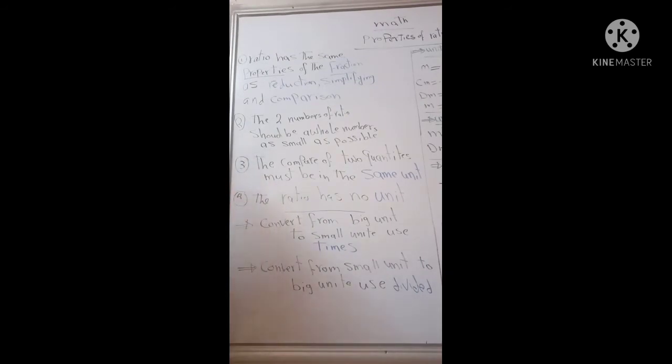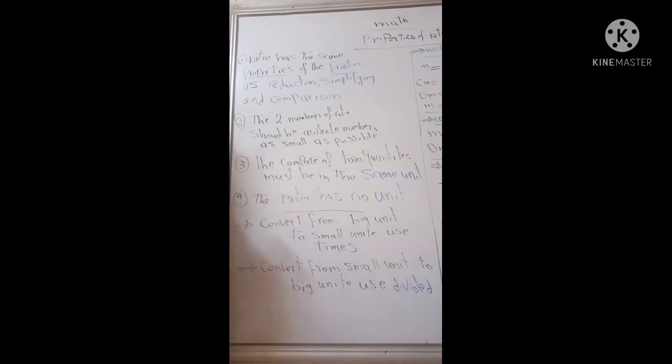What are the properties of the fraction? They were reduction or simplifying, and comparison. So number 1: ratio has the same properties of the fraction, as reduction or simplifying and comparison.